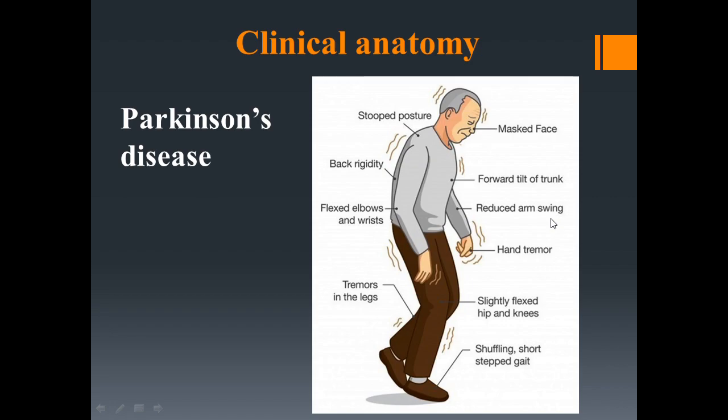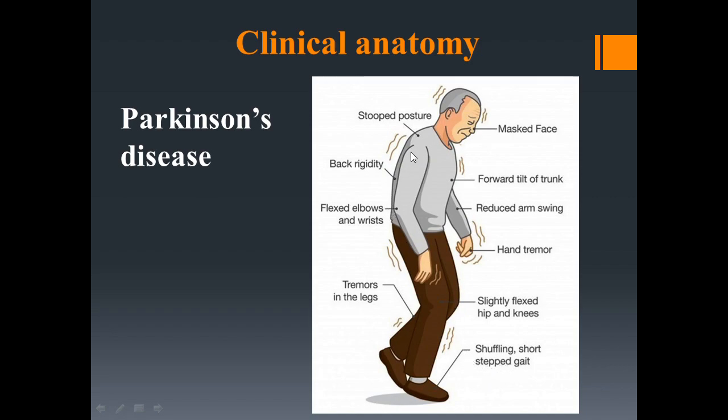So there is reduced arm swinging or no swinging of the arm. Then you can see the tremors in the hand and fingers. There is pill-rolling movement of the fingers. Then the hips and the knees are slightly flexed. Then there is shuffling, short step gait.